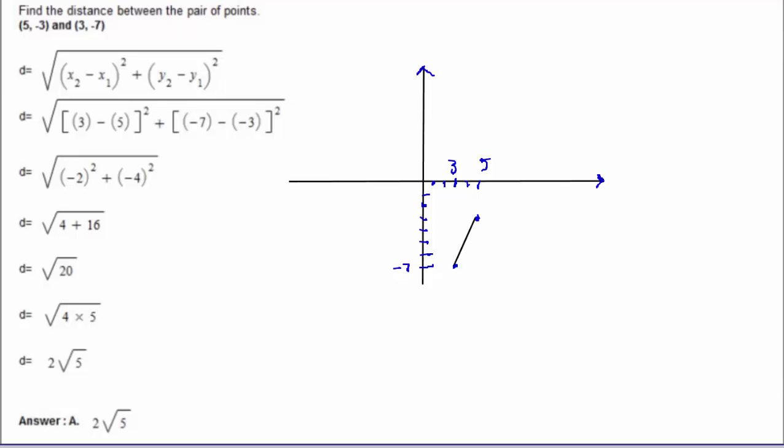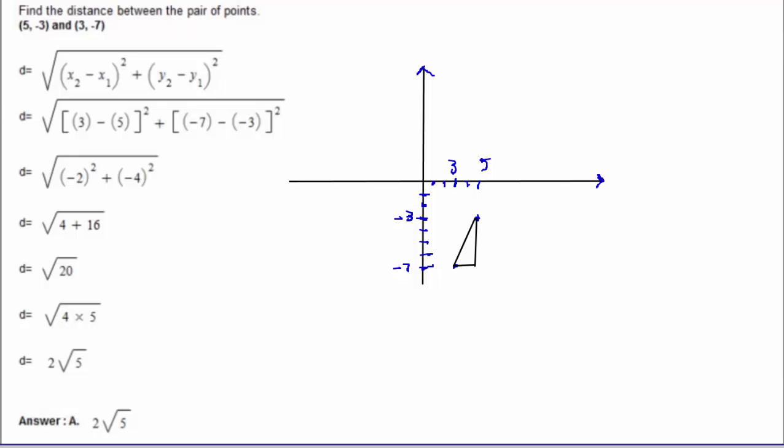If you use the Pythagorean theorem, if you form a right triangle here, you can see the distance that we have from here would be negative 3, and this would be negative 7.